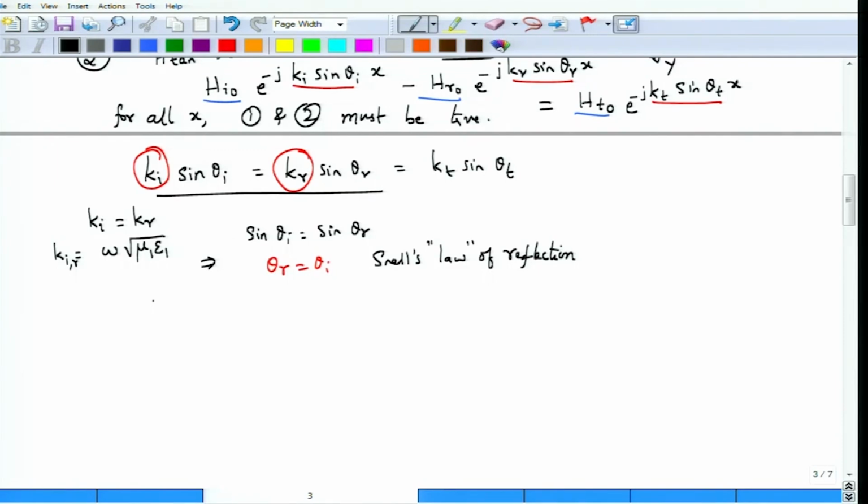We still have k_i sin theta_i is equal to k_t sin theta_t. Again write down the corresponding expression for k_i and k_t in terms of the material constants. So you will be able to write this as omega square root mu1 epsilon 1 sin theta_i is equal to omega square root mu2 epsilon 2 sin theta_t.